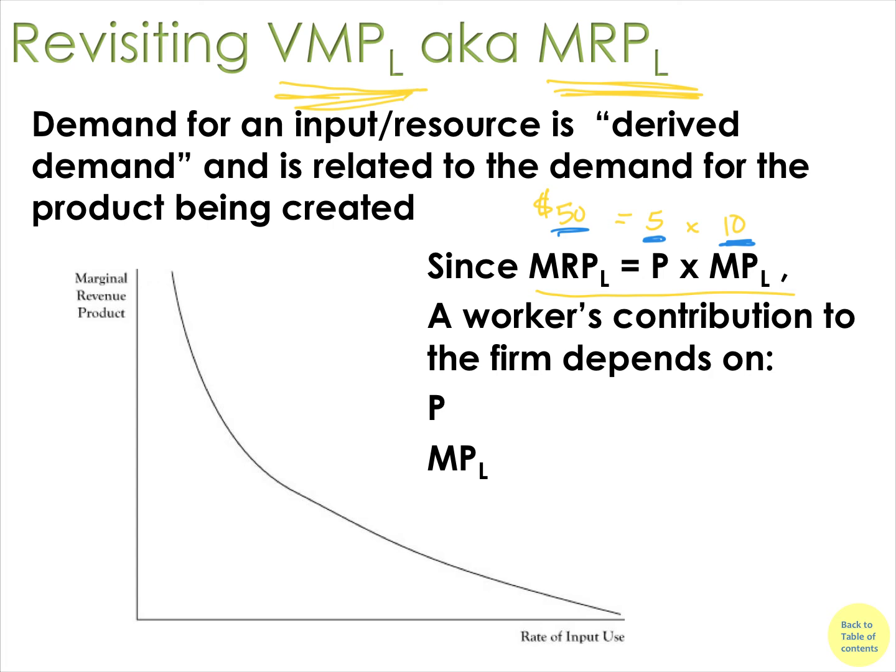Are there adequate numbers of machines that help her do the production process, etc.? So we can say her value depends on the price and her productivity, and her productivity depends in part on other things besides her own work effort. So in that sense, demand for labor or demand for any resource is a derived demand, derived from the yo-yo market itself, from the good that she is creating for you.